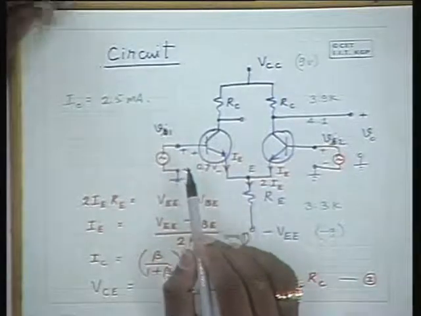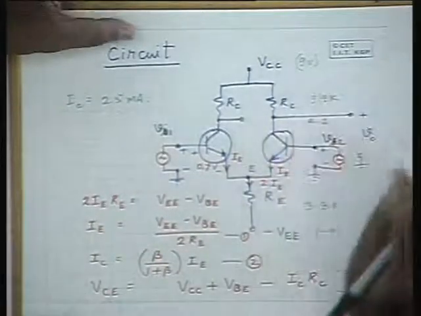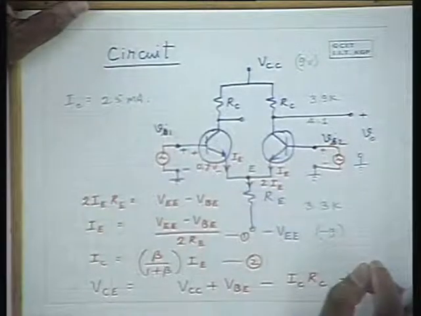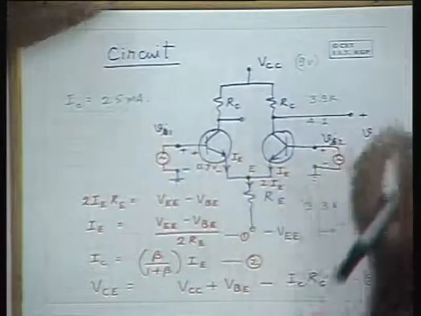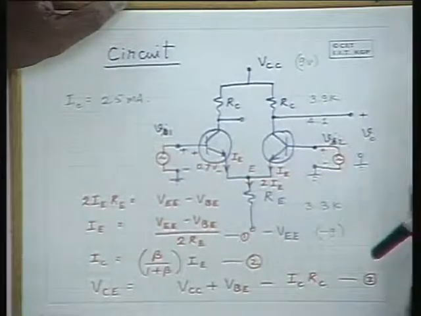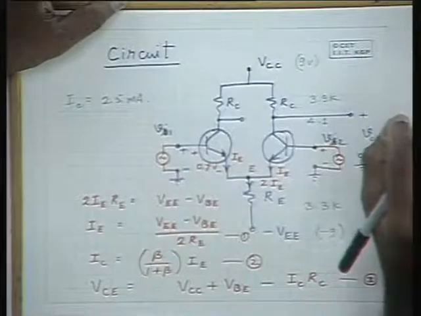Please note that in the common emitter amplifier which you have seen, we were using coupling capacitors to isolate the DC value at the base of the transistor from the input signal. The input signal, if it is an alternating signal, is usually a zero mean signal, meaning part of the cycle goes above 0 and part goes below 0, and the average is 0.